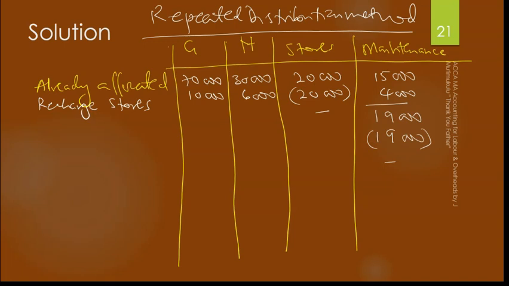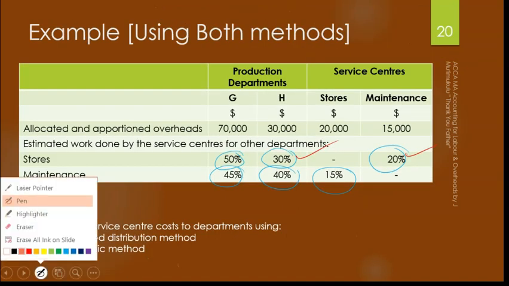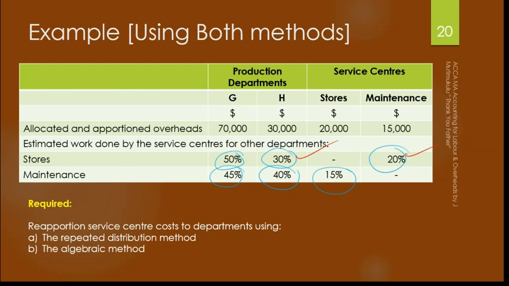All right, when we do that, how do we apportion? We are led again by the question. We know from the question that the maintenance is offering 45 to G, 40 to H, 15 to stores. So we just use those percentages.